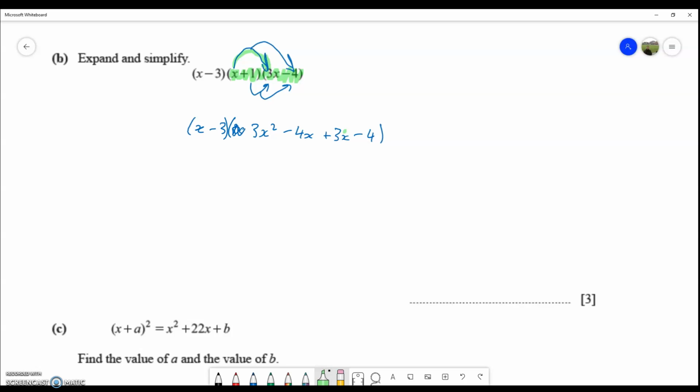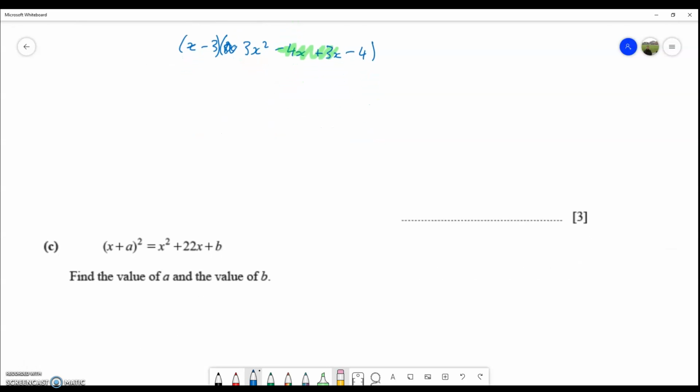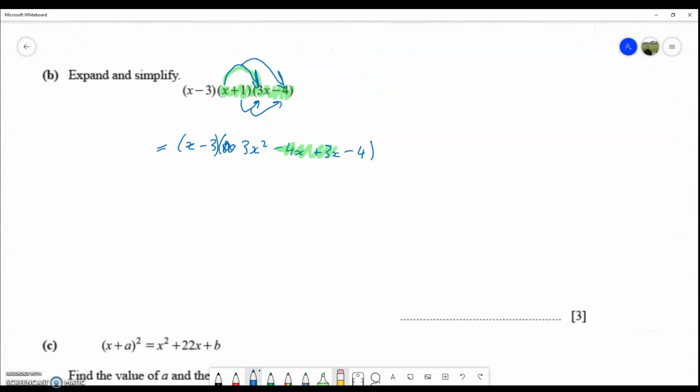So again, we've got common factors here, so we can simplify it further. We can end up with x minus 3, and in the second bracket 3x squared minus x minus 4.